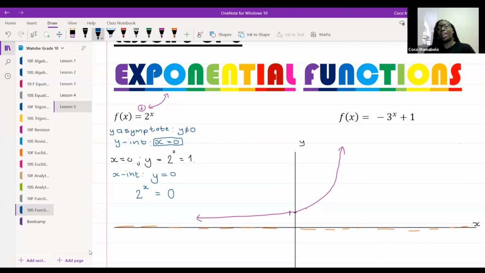Christina says, ma'am, at school we normally use the mode table method on our calculator. Is that fine, or do we have to use your method? You can use your calculator, 100%. You guys, if you've been taught the mode exponential on your calculator, do that. The reason why I avoided it, Christina, is because I now have to draw a table.